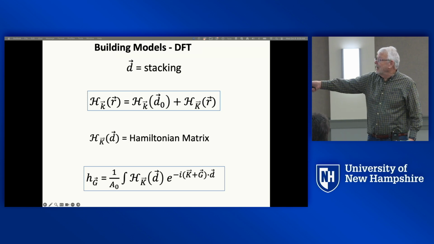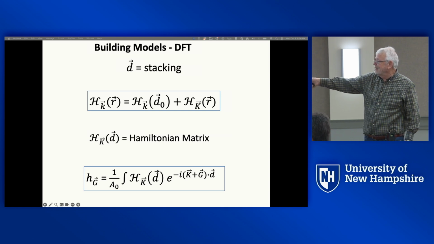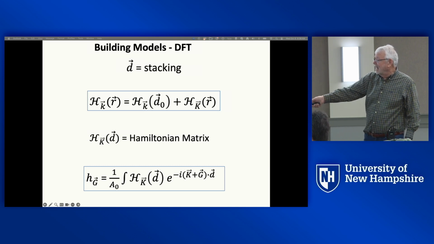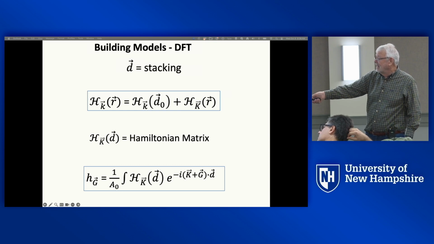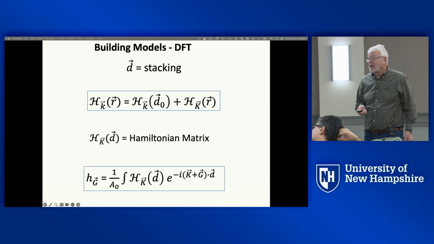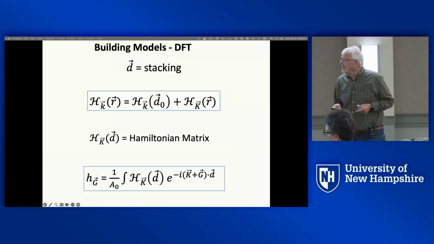So you can calculate this local Hamiltonian in all its glory using much the same philosophy, without any approximations. And the parameters that appear in the Fourier expansion, assuming it can be truncated, you can just obtain by Fourier transforming with respect to stacking.